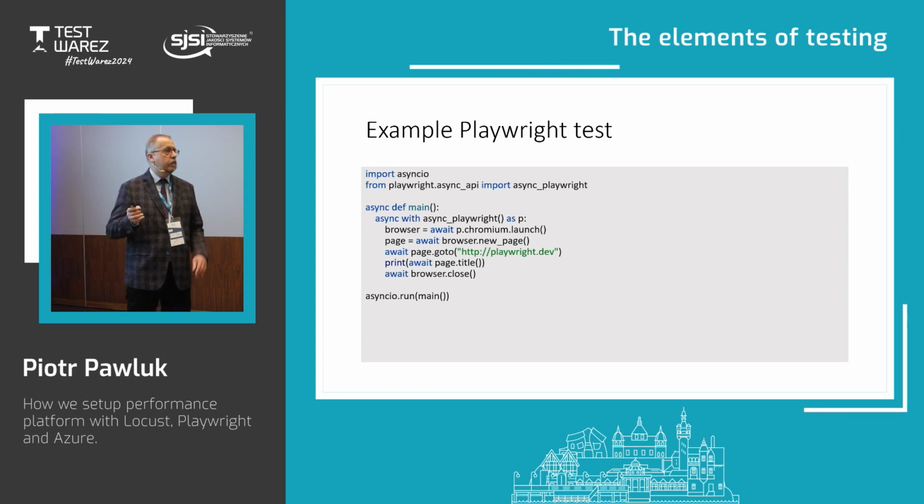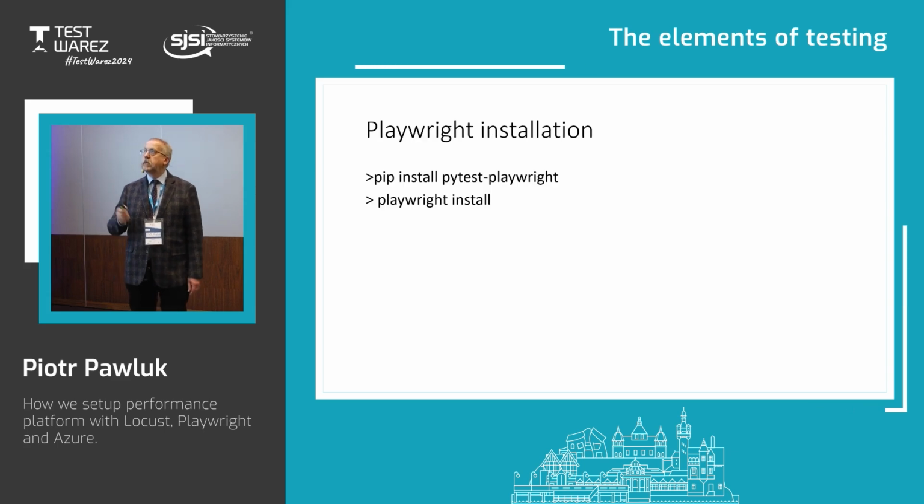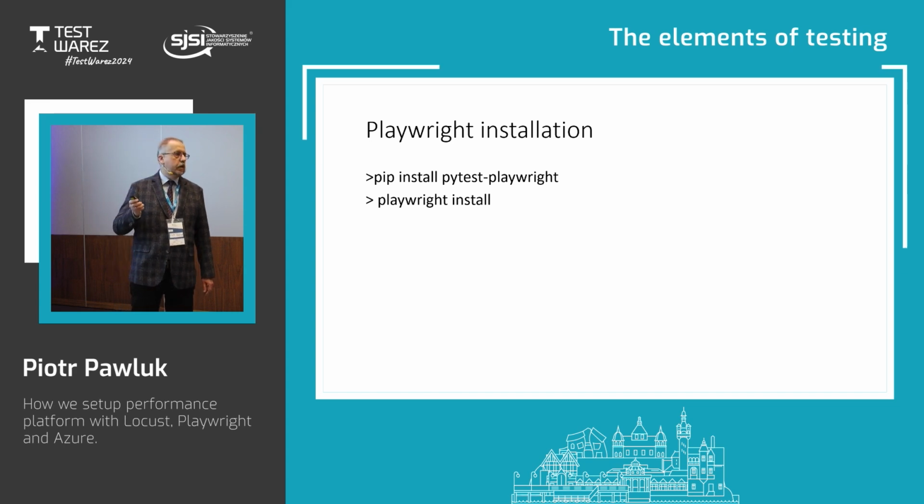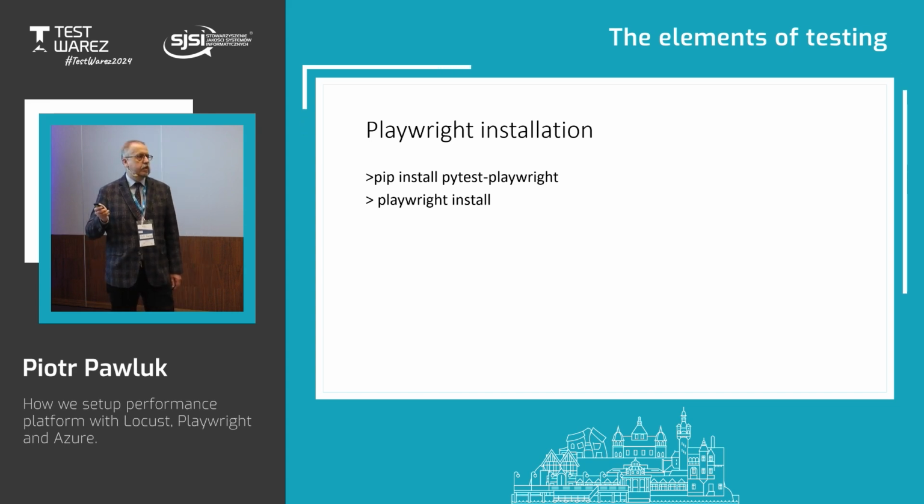So very, very simple. It can be much more complex, and you can do much more when you learn, but this is the basic stuff. To install, pip install pytest-playwright, and playwright install to download the browsers.